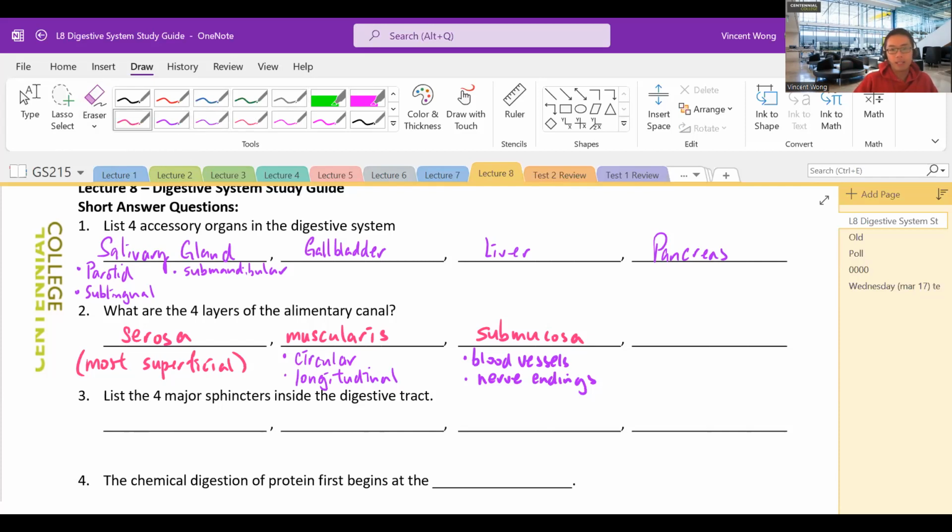And finally, the deepest layer, in direct contact with your food, is the mucosa.